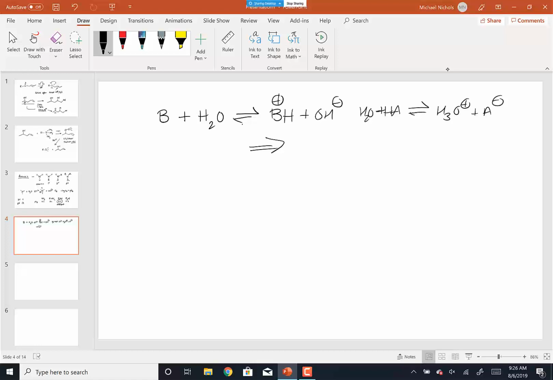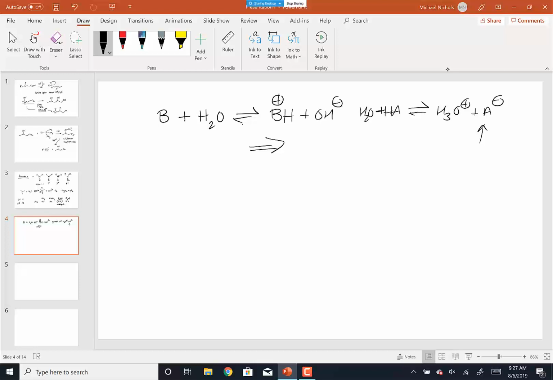It was usually A minus that had all the resonance structures, right? And so what did the resonance structures do to A minus? Made it more stable, and making the conjugate base in this case more stable did what to the equilibrium? It pushed it to the right. So let's use that fundamental on bases.